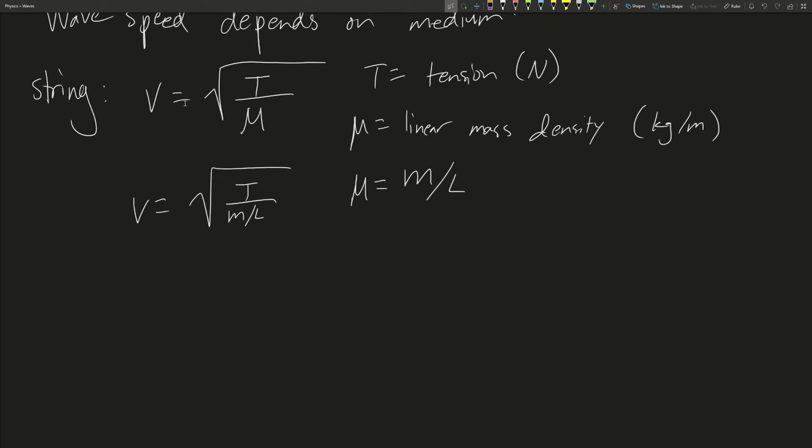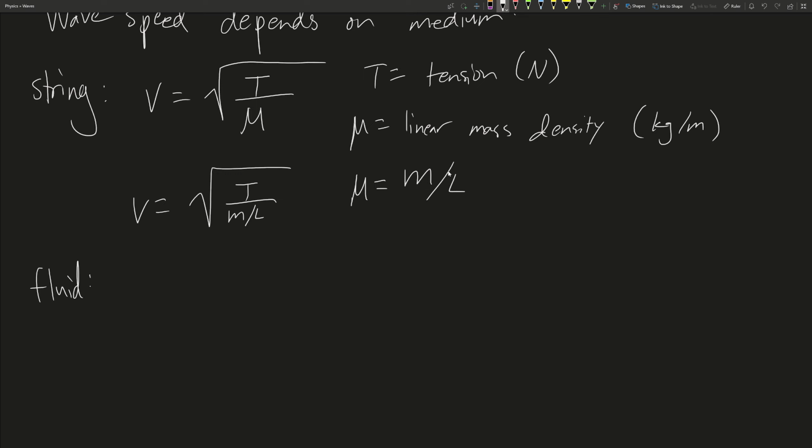Now that's only on a string. This will be a transverse wave because the string will be vibrating. Now if you want to find the speed of a wave through a fluid, like a sound wave through air or through water, this would be a longitudinal wave because the fluid is compressing, oscillating in the same direction that the wave is traveling in.